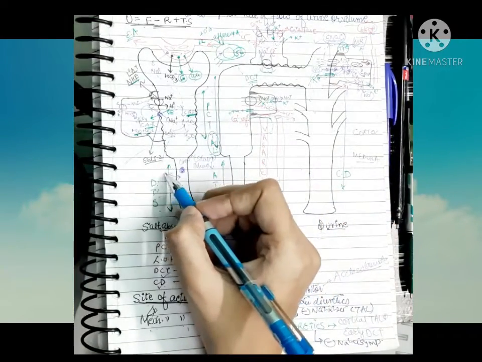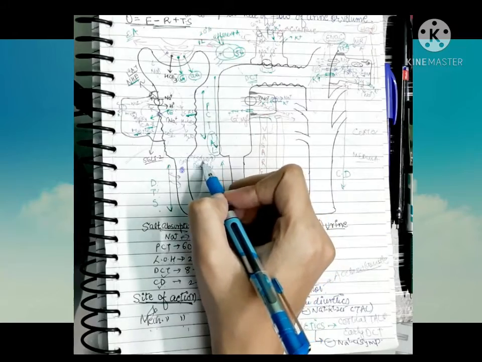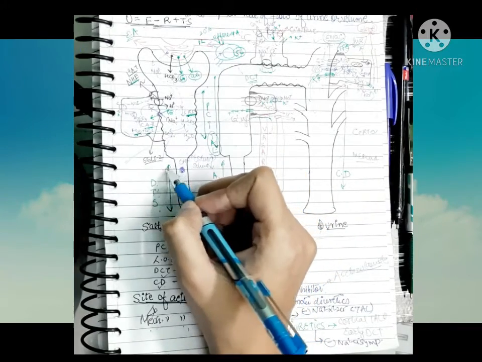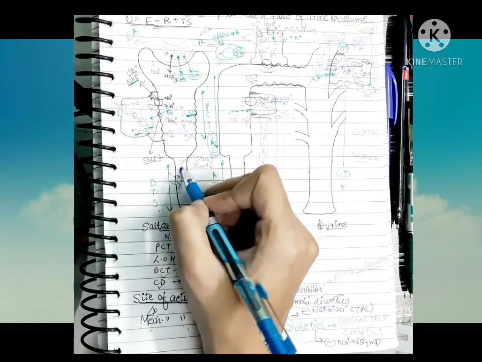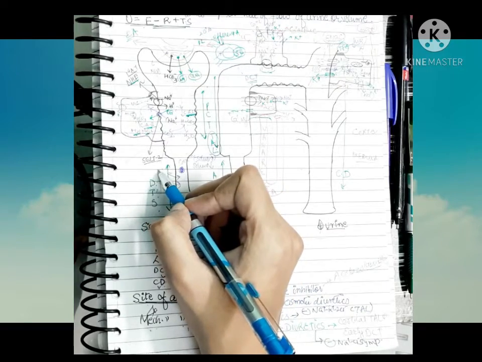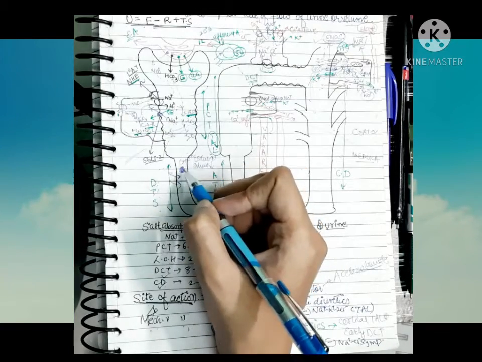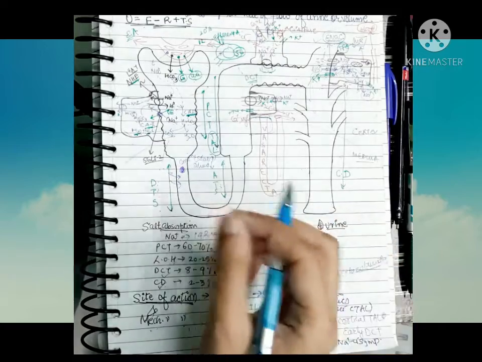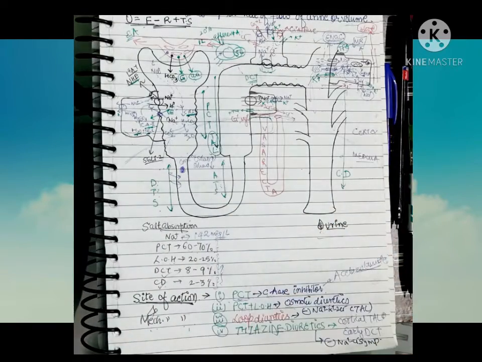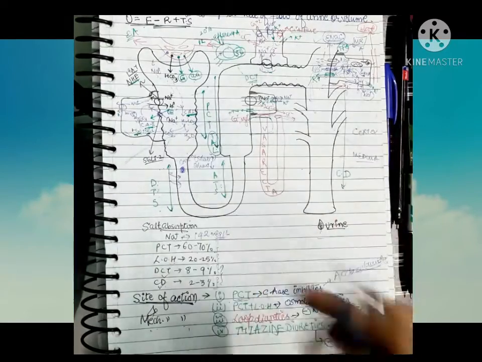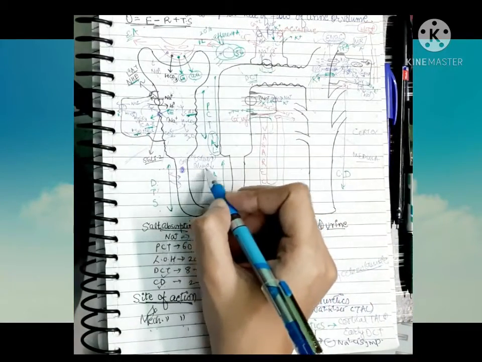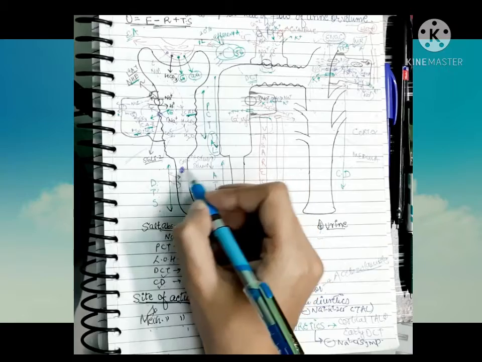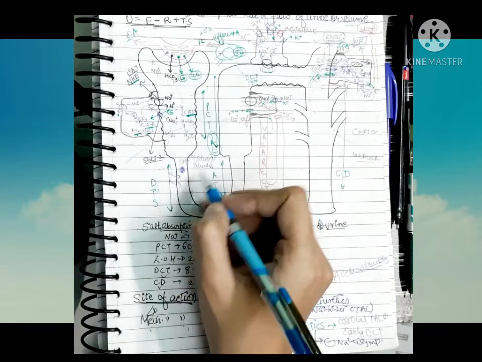So the solute is at high concentration and tends to move from the luminal side to the basolateral side, but it will not move because it is inert and is reabsorbed very little. So we assume it as negligible, okay.